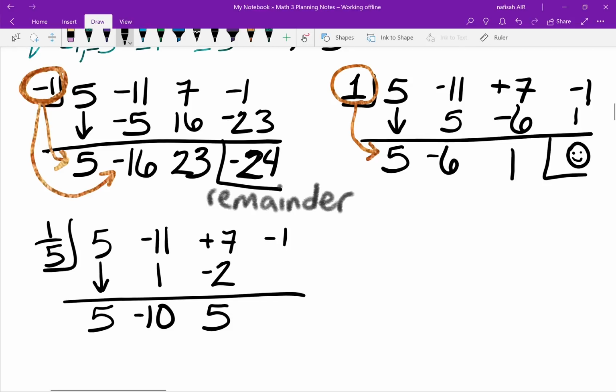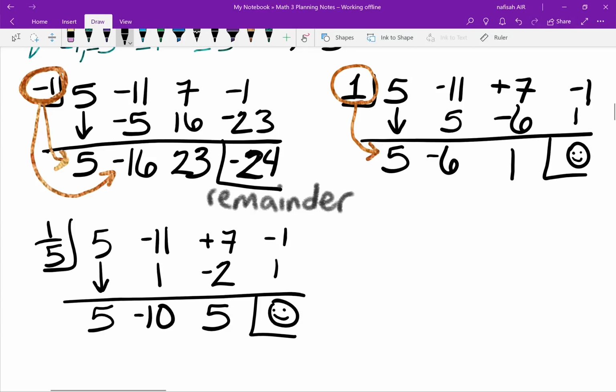We already know that 5 divided by 5 is 1. Negative 1 plus 1 is 0. So we found that 1/5 is a root. We could do negative 1/5, but I already know that negative 1/5 is not a root.